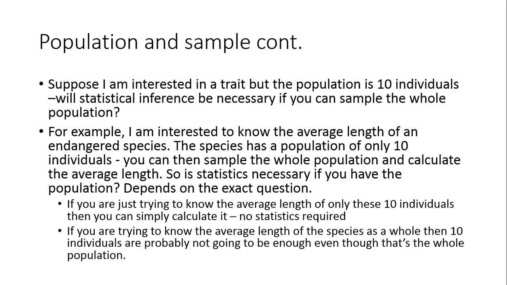So what I'm saying is, if only 10 people are left on Earth and I can get a sample from them, this might not represent the distribution of human height. Ten people are just too few to tell me anything. So the population is actually the distribution of human height, or in this case, the length of some endangered species, a theoretical distribution that I don't know. So this is the population.